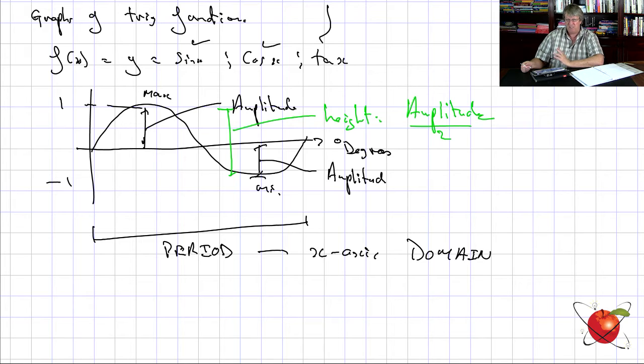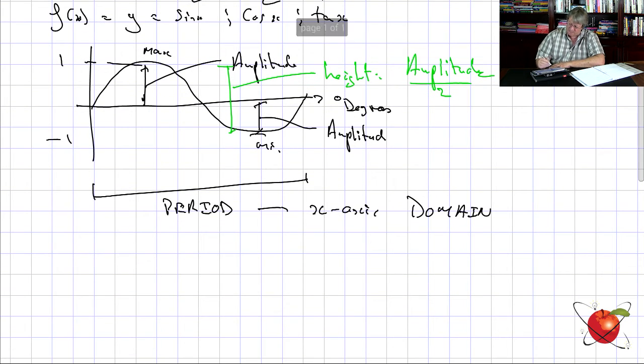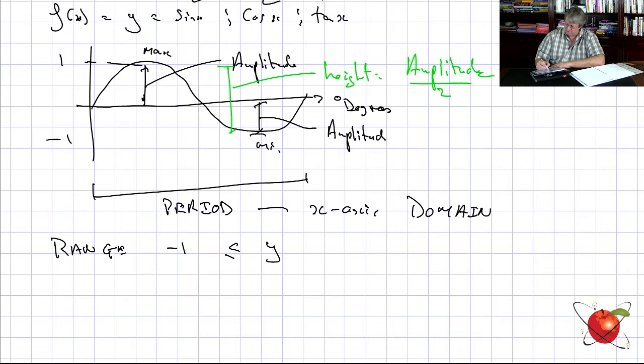If you just use your calculator, you can plot these graphs. They're very straightforward. Last year, you plotted these until they were coming out of your ears, remember? The range of these graphs was from -1 to +1, so the range was in fact double the amplitude.